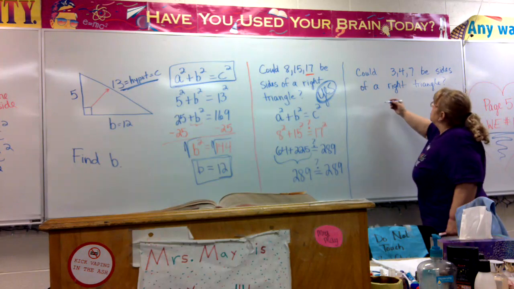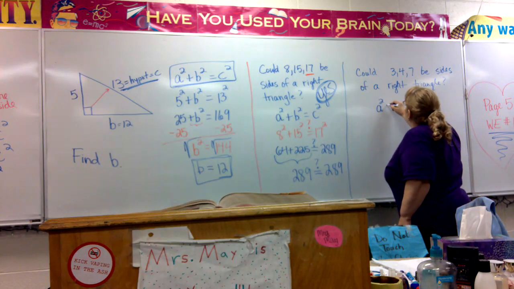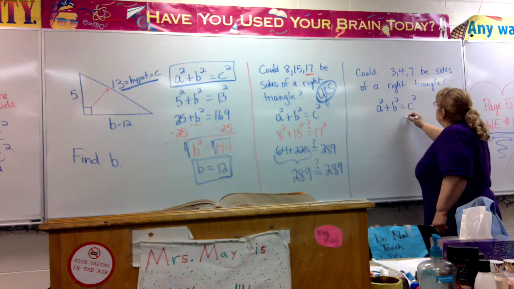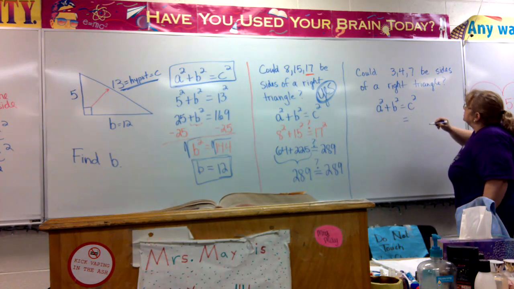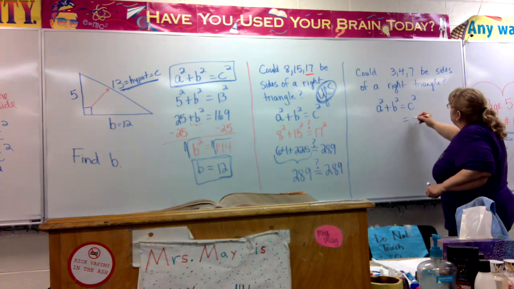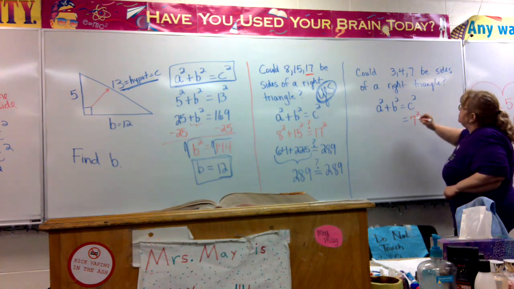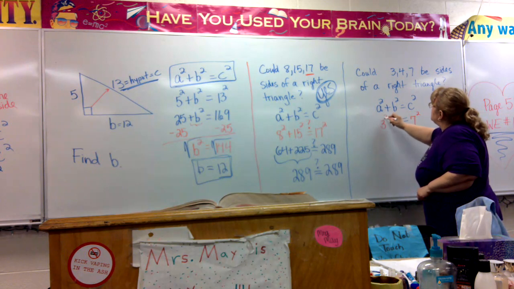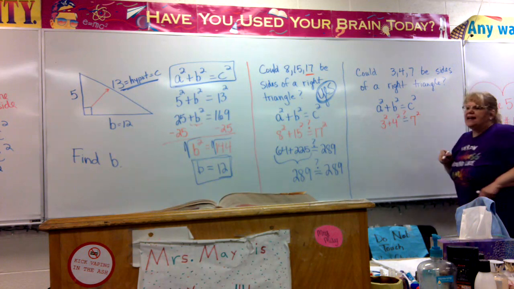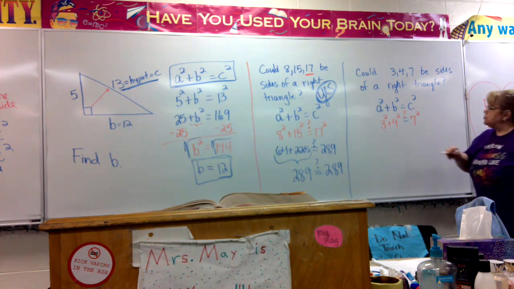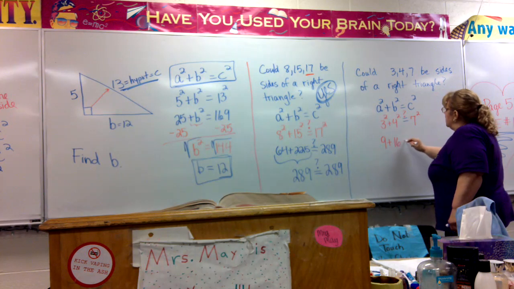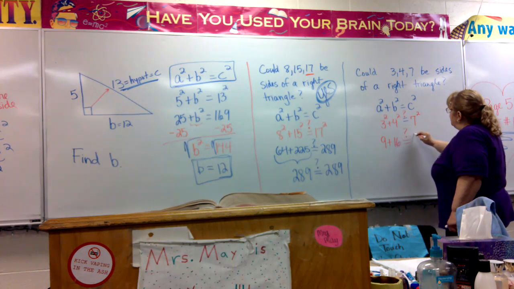How about this one? A squared plus B squared equals C squared. Which one is the C? 7, because it's the longest, it's got to be the C. 3 squared, 4 squared, and we want to know, is that equal to 49?